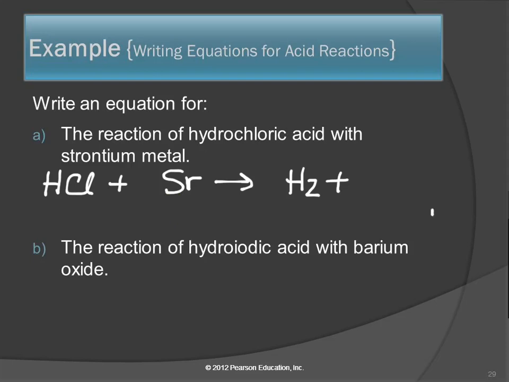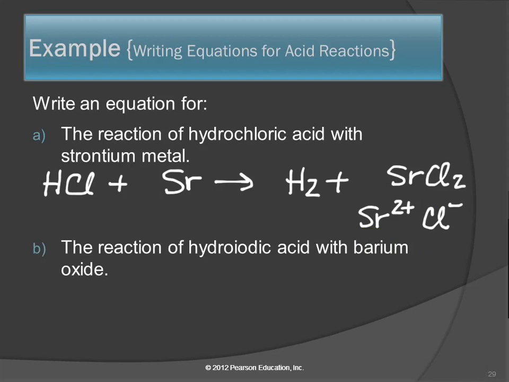What charge does strontium take as an ion? 2 plus, right? Because it's in group 2. We know the formula by looking at their charges. It must be SrCl2, because I need 2 of these chlorides to balance the charge on 1 strontium ion.